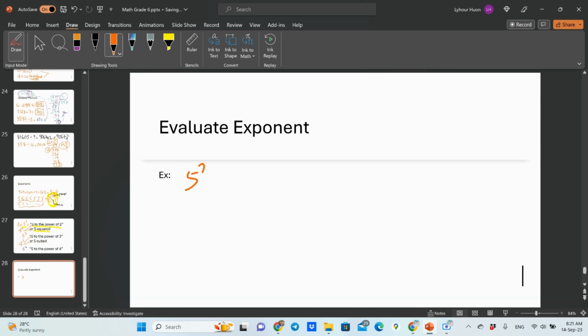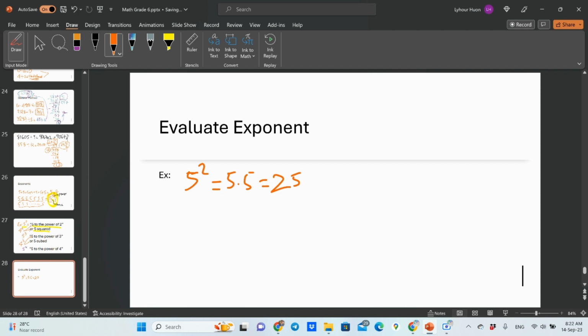Okay, let's do it. This is called 5 squared. What is 5 squared? 5 squared is 5 times 5, so it's 25. Yes, 25. Correct.